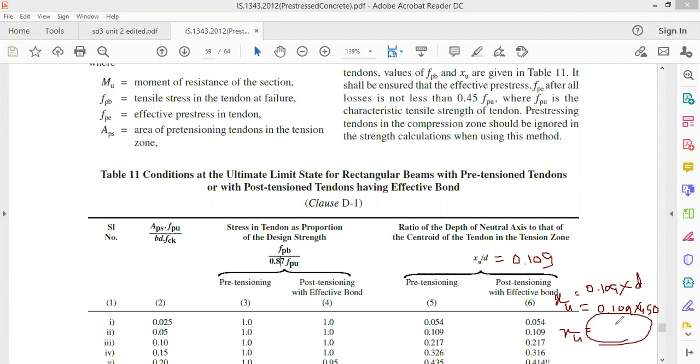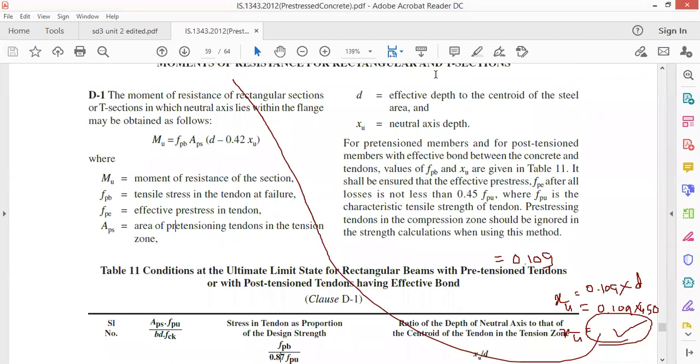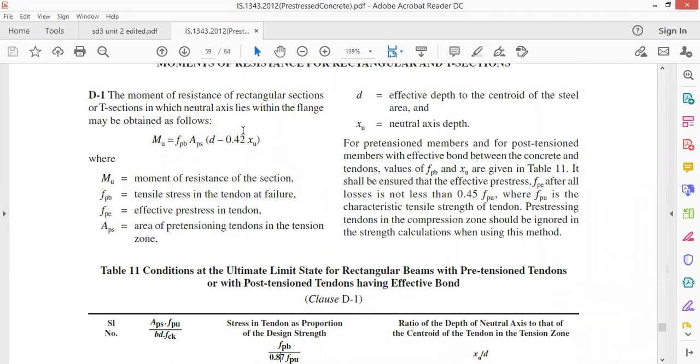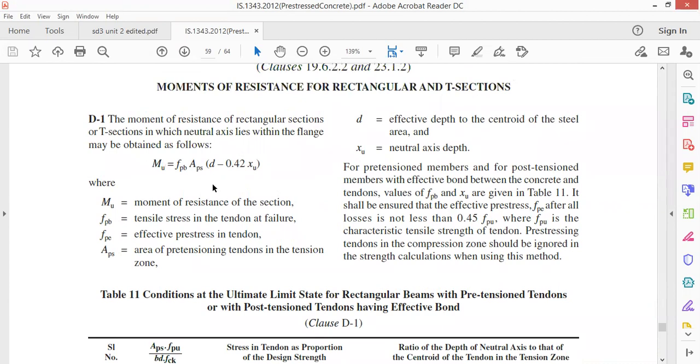This value will again be substituted here in the equation, and I can obtain the value of the moment of resistance. So this is for the members, rectangular or maybe flanged members, where the neutral axis lies within the flange.